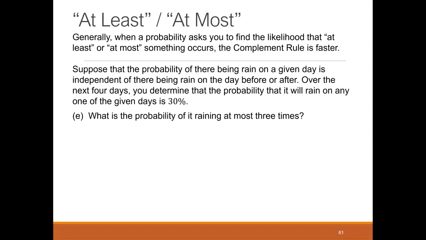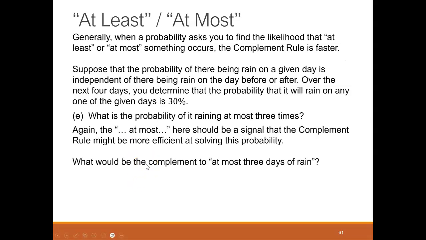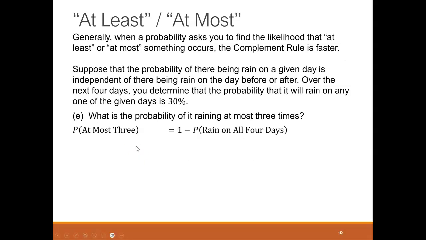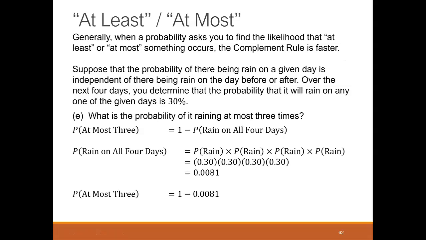Or we could use a complement here and do 1 minus it rains 4 times. I think I'll do the complement. That's going to be a lot less to calculate. So we just did this. So raining all 4 days is 0.3 times 0.3, there's 3. And then there's our complement.